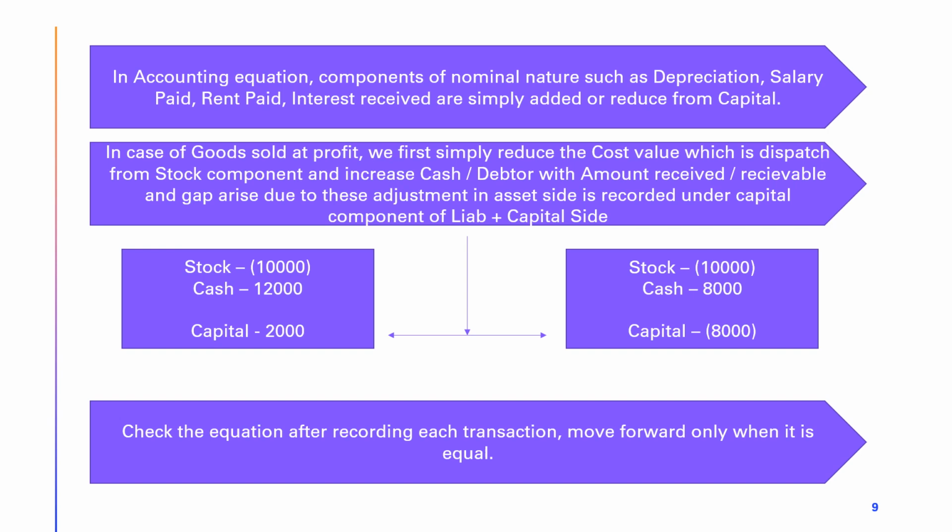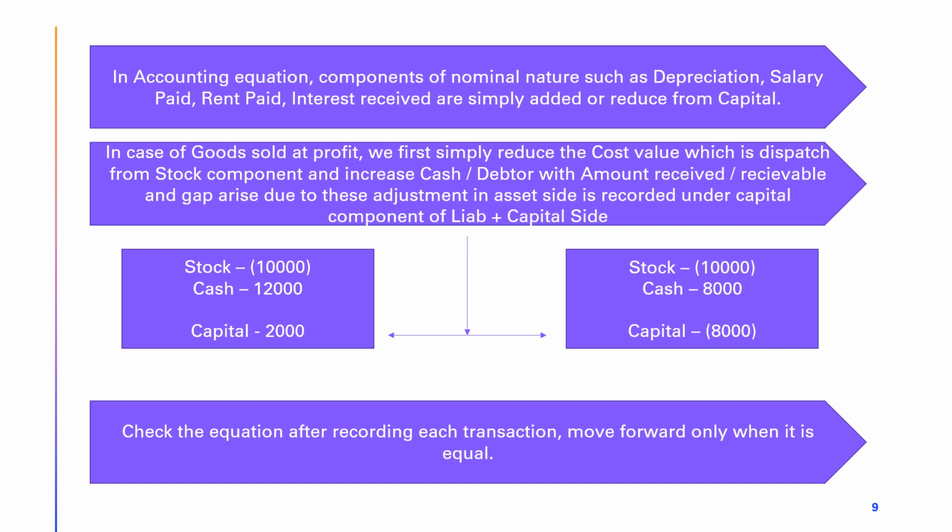In case of goods sold at profit or loss, cost of goods which are dispatched is reduced from stock and correspondingly cash or debtor is increased with the amount received for such dispatch. Any surplus or deficit is adjusted in capital component.